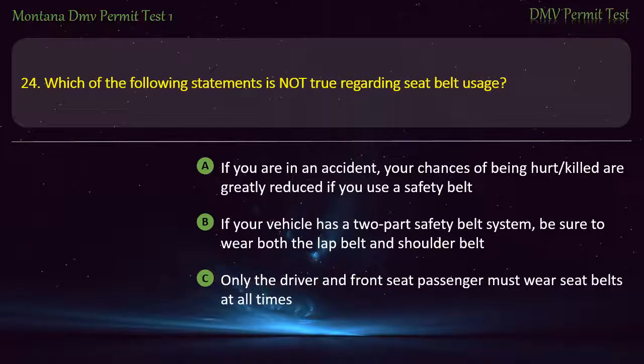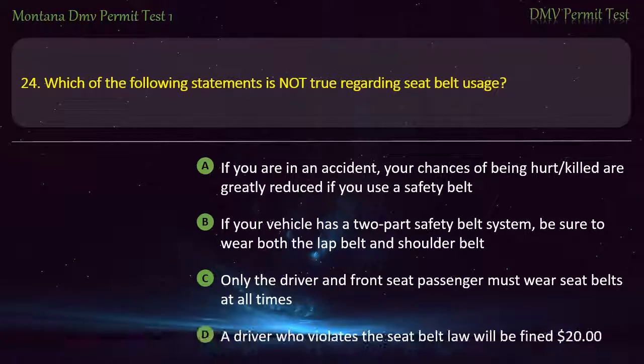Only the driver and front seat passenger must wear seat belts at all times. A driver who violates the seat belt law will be fined $20. Answer. Only the driver and front seat passenger must wear seat belts at all times.